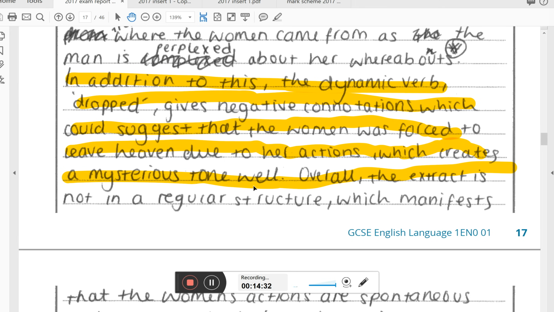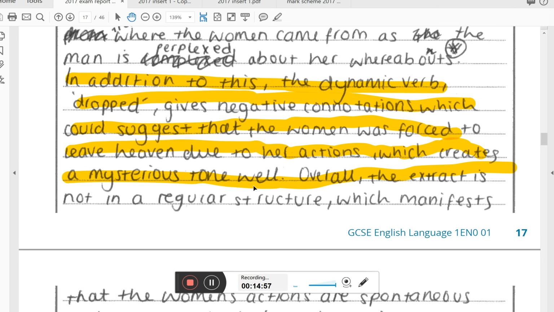And here's a way that you can do that kind of single word analysis that really gives a good answer as well. "So in addition to this, the dynamic verb dropped," so this is where they're talking about "she might be dropped from heaven," "gives negative connotations which could suggest the woman was forced to leave heaven due to her actions, which creates a mysterious tone as well."